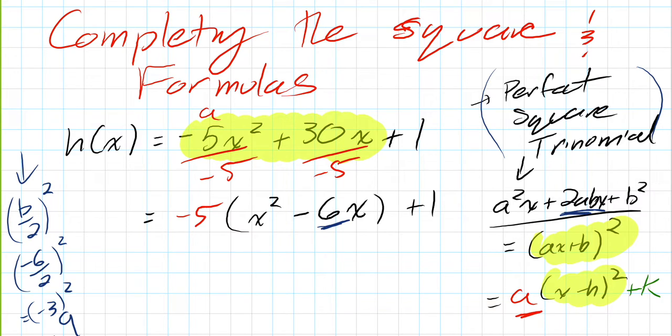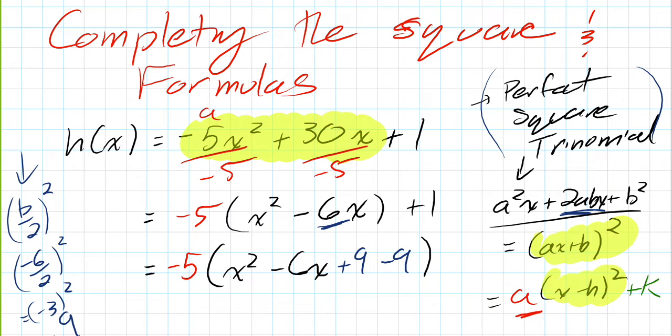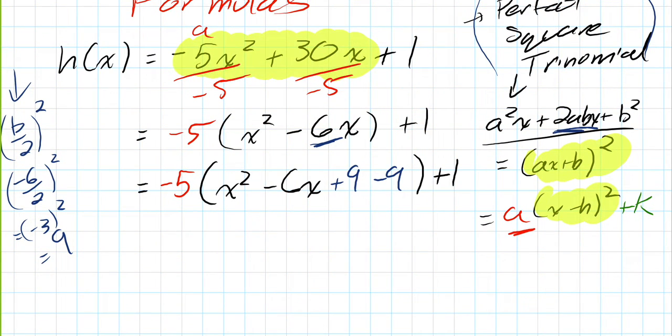So great. What we're going to do next is add and subtract the value of 9 in the brackets. So we get x squared minus 6x plus 9 minus 9. And the reason we can add 9 and subtract 9 is because when you put them together, plus 9 and minus 9 equal 0.